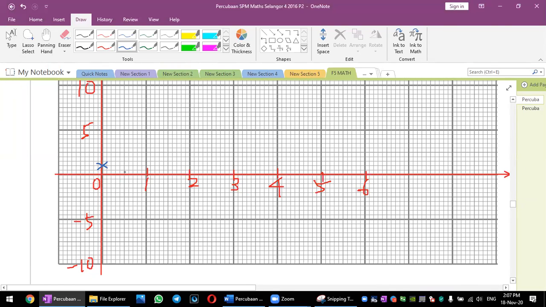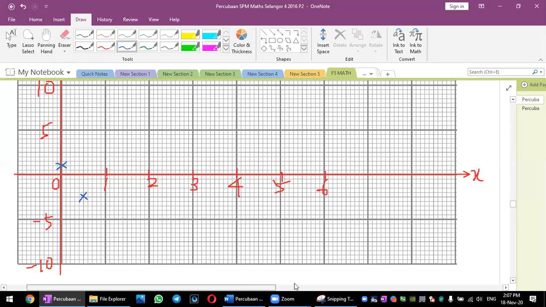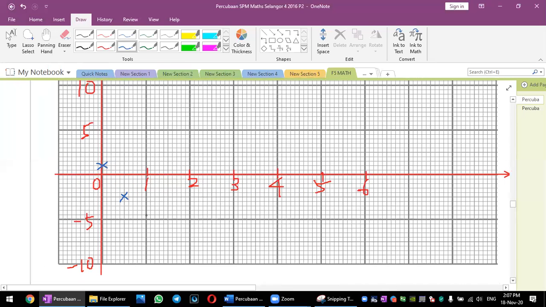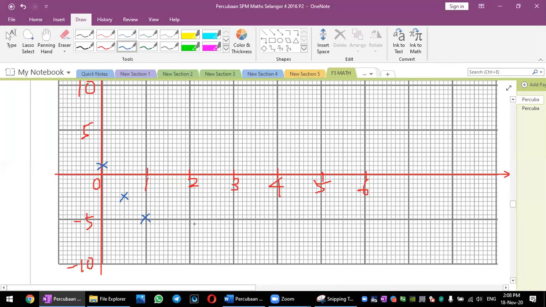Then 1 and negative 5. Then 2, negative 7, so negative 5, negative 6, negative 7. Then 3, negative 5.